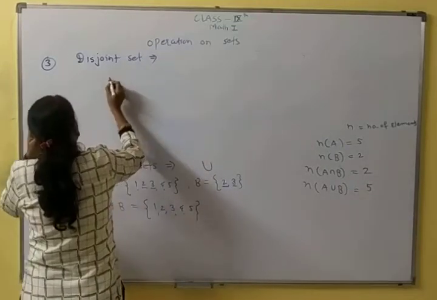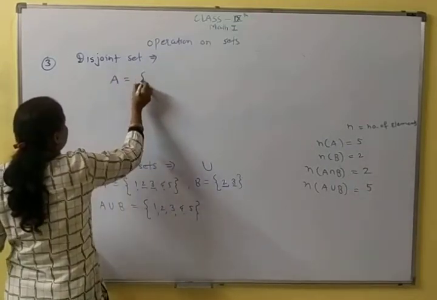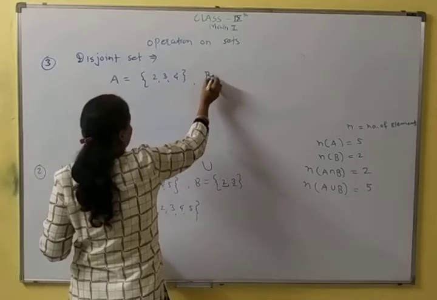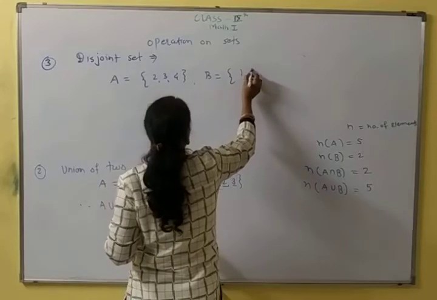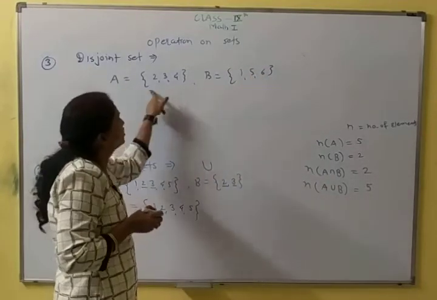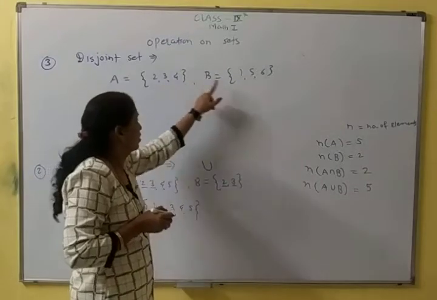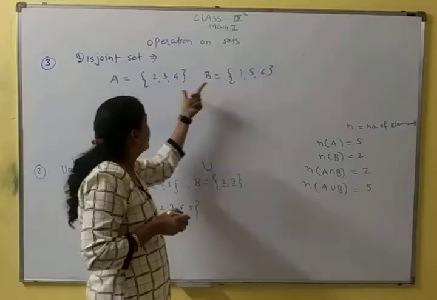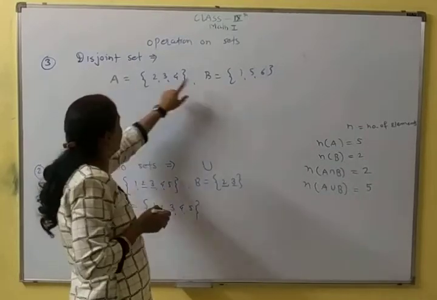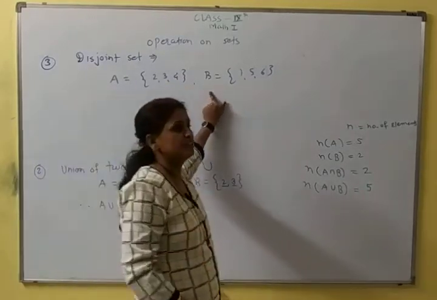For example, A equal to 2, 3, 4 and set B equal to 1, 5, 6. Set A and set B both have different elements, 2, 3, 4 and 1, 5, 6. No element is common in both these sets. So A and B are called disjoint sets, different sets.